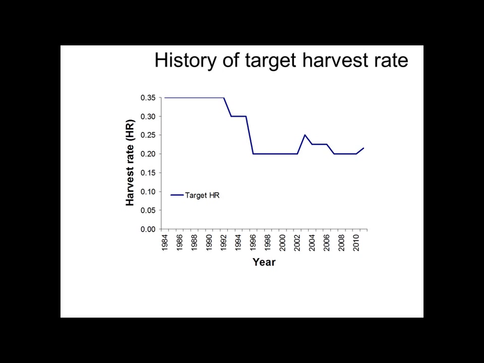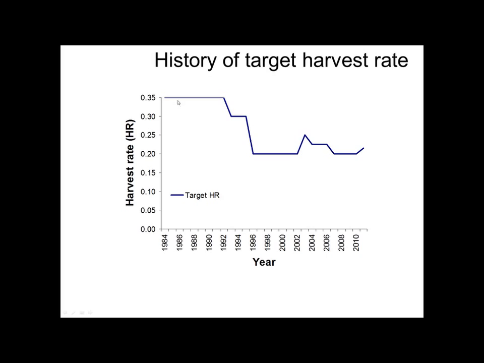And now the actual target, if you will, coast-wide harvest rate is a combination of the target harvest rates that we have for areas 3A East and 3A West. And why that happened is what I'm going to explain in a second.